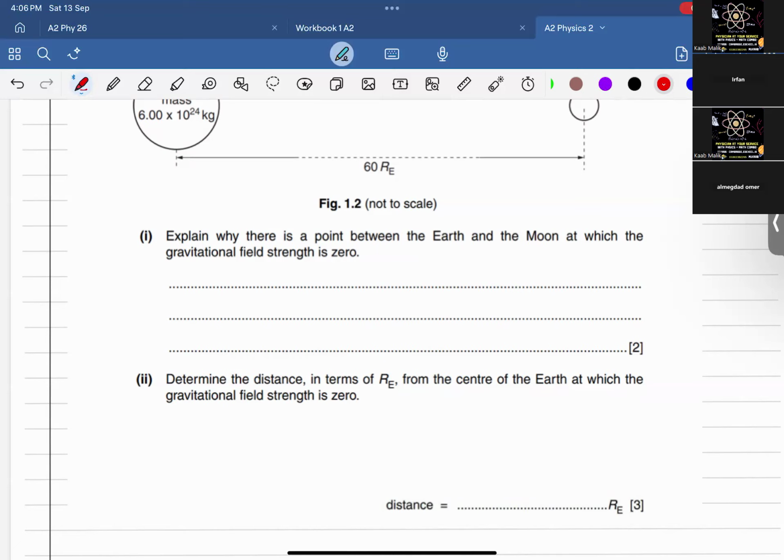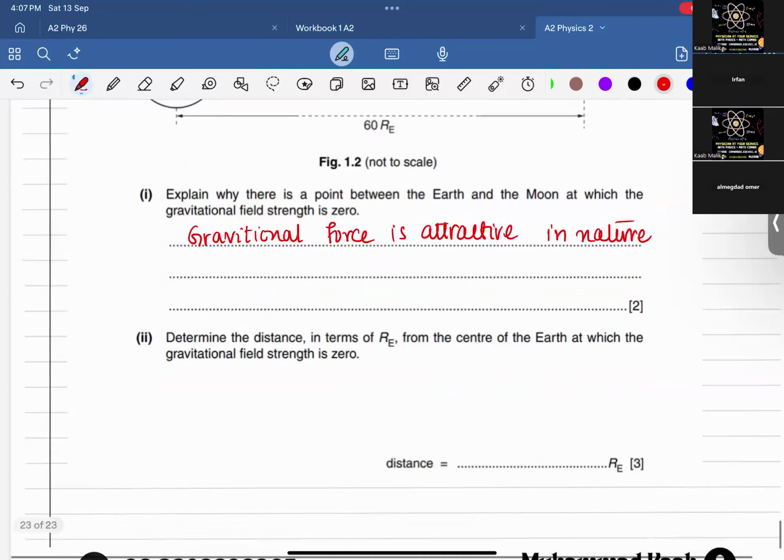So you can say that gravitational force is attractive in nature. This is the first thing.